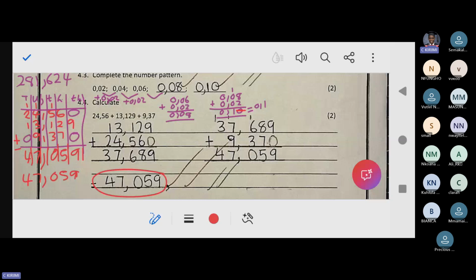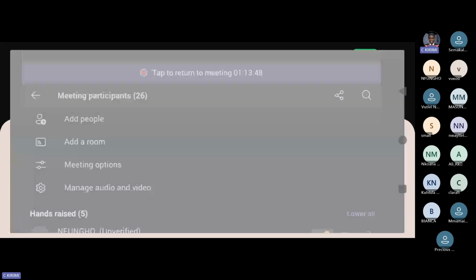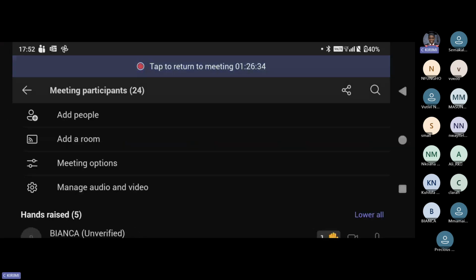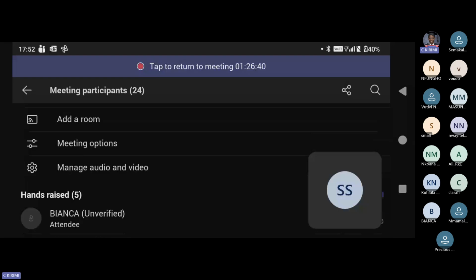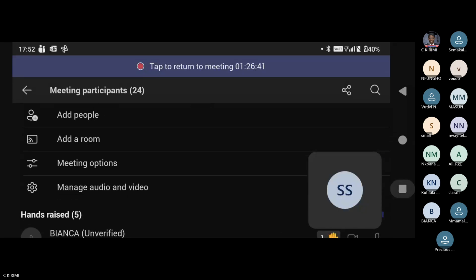Or you can simply add all of them at once in a vertical column method. So if the question does not specify, use any method of your choice. So those are questions for grade 6 and 7.